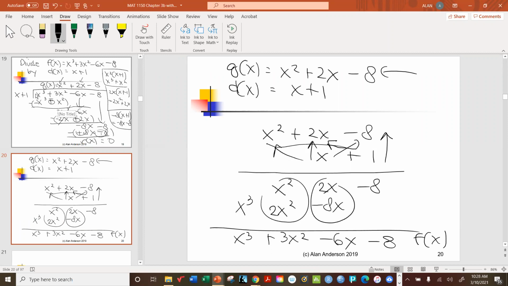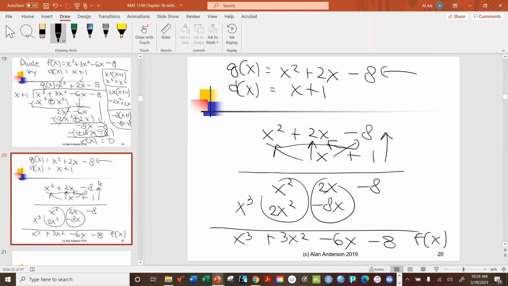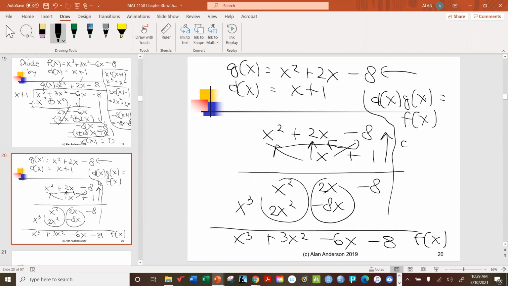So we're even more satisfied because we can see that we must have done this correctly, because the product of D and Q gives us back the original function. Now, if it didn't, if there was a remainder, then D(x) Q(x) plus R(x) would have given us f(x).